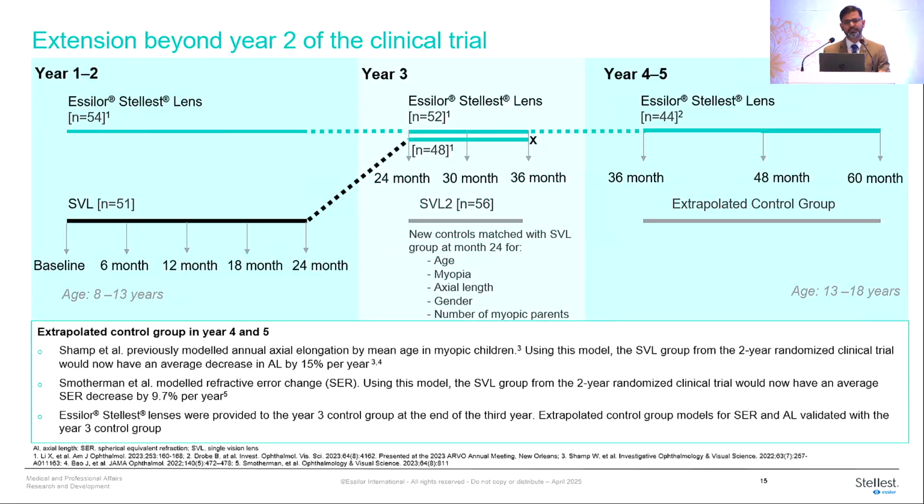After 3 years, again, we wanted to extend the study to 5 years to give long-term results. But this time we decided to go for an extrapolated control group, looking at the studies by Chamberlain and Smotherman et al., as to how axial length changes over time, and how your SER changes over time. Based on that, it was extrapolated from the actual 2-year control group.